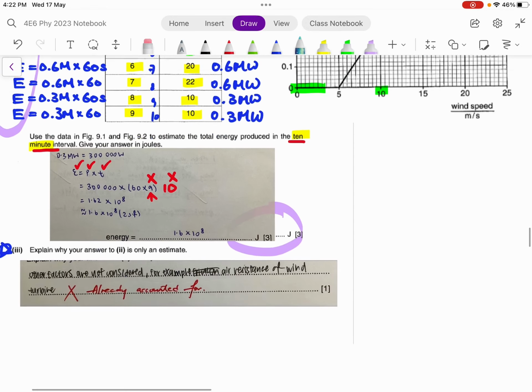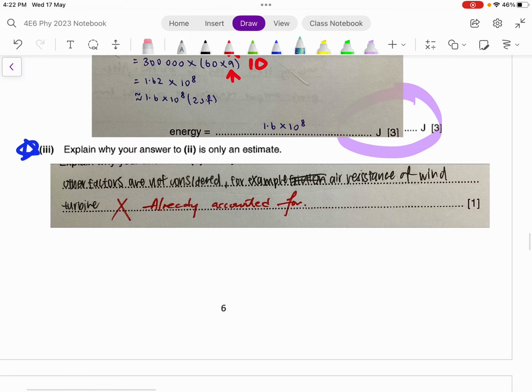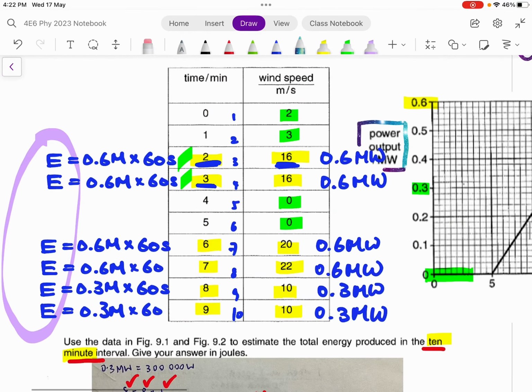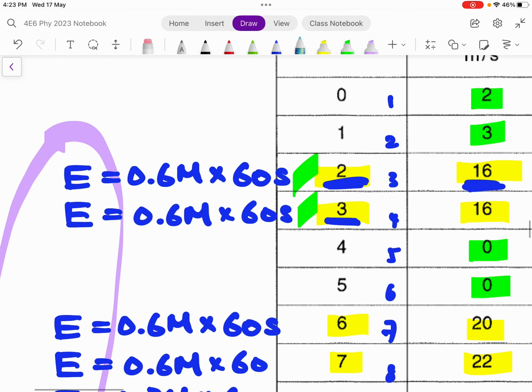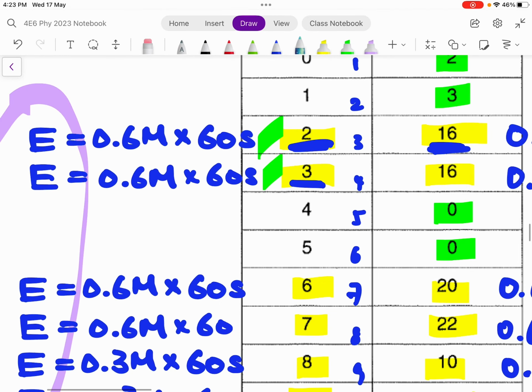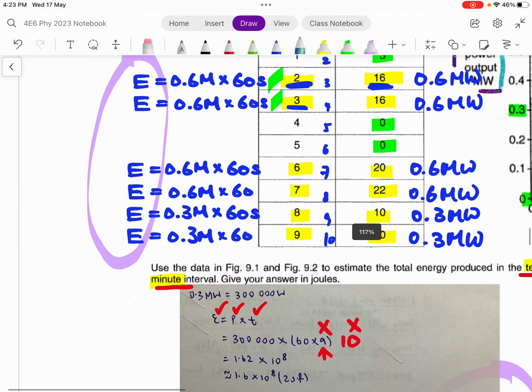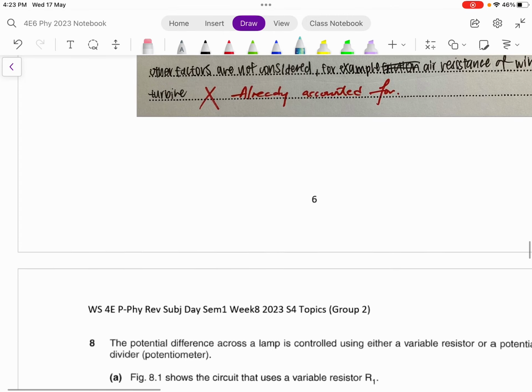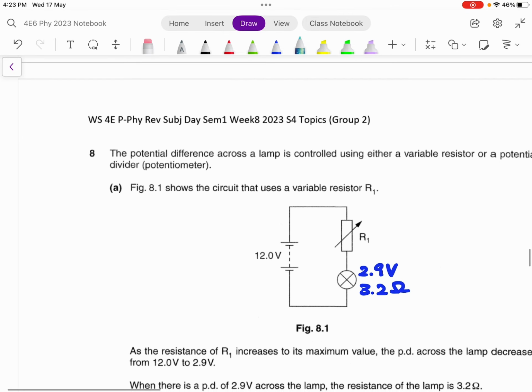So down here you can say what is an estimate? Well, you have estimated that within that 1 minute my wind speed is always 16, no change. Well, not very accurate. That is why it has to be an estimate.